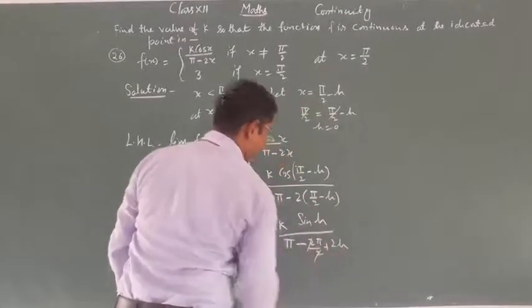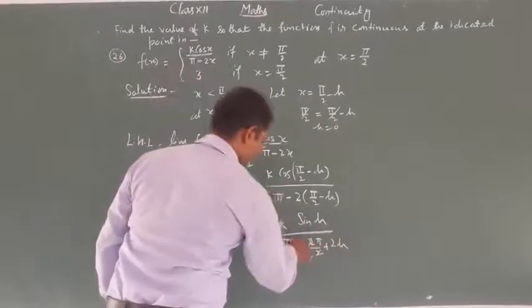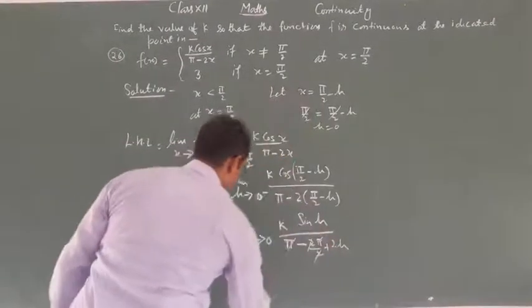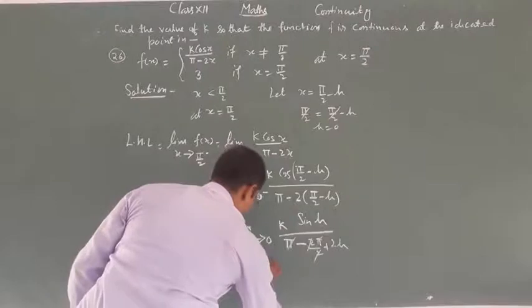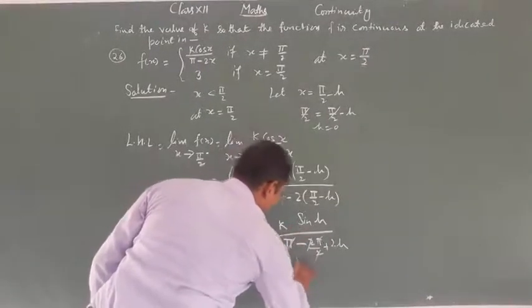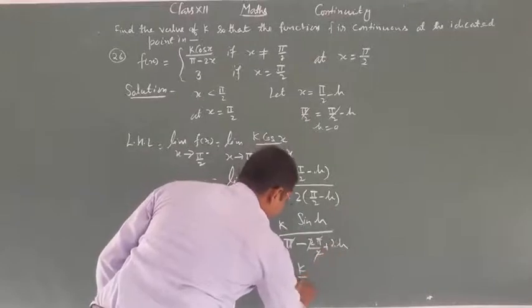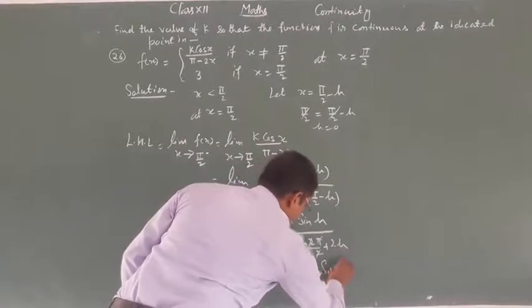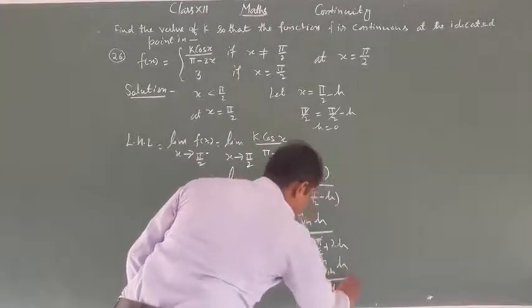So pi cancels out. So limit h tends to 0, left hand limit, k upon 2 sin h upon h.